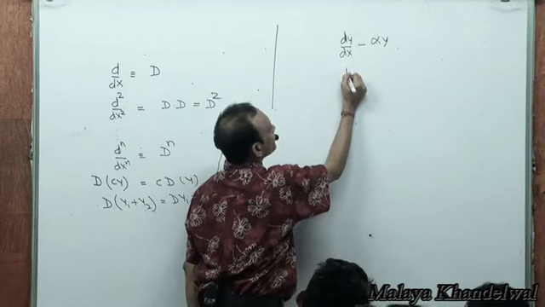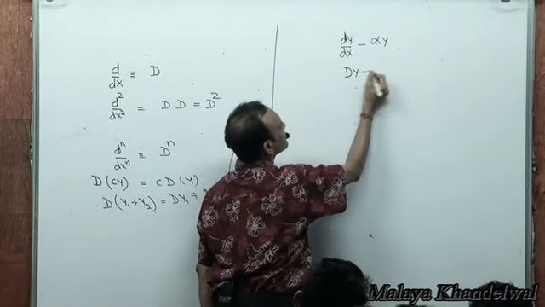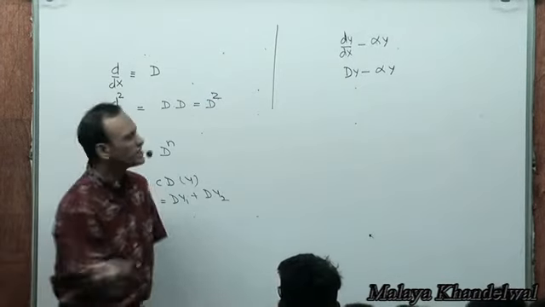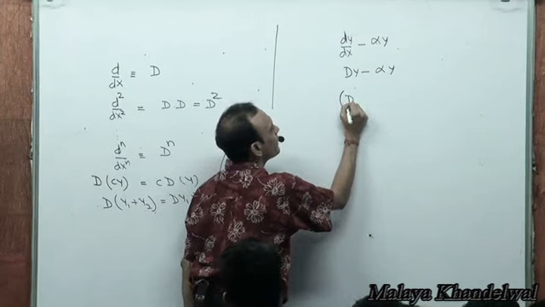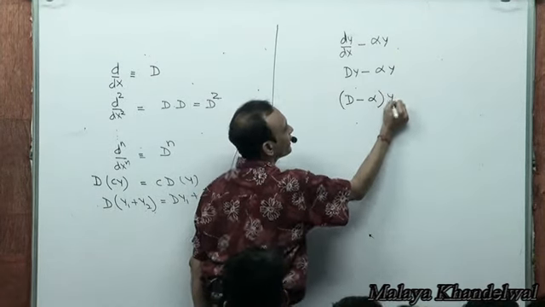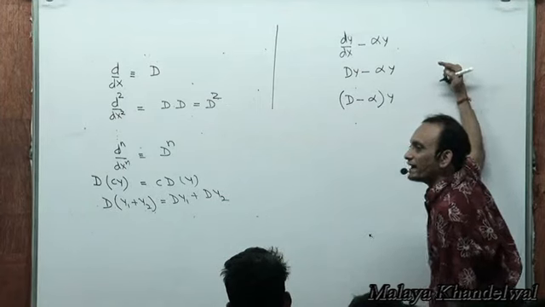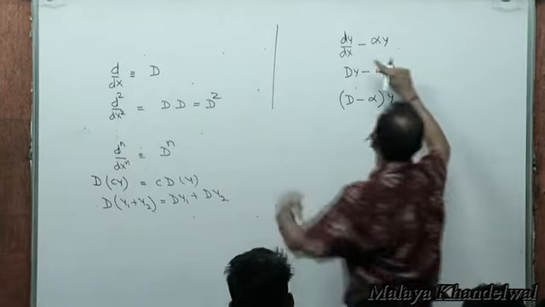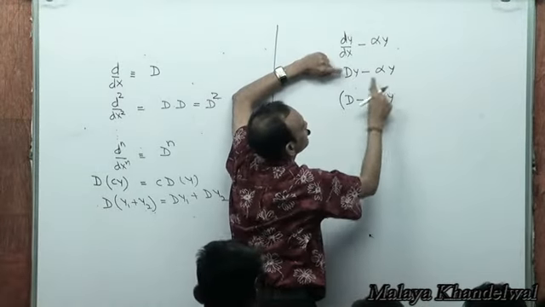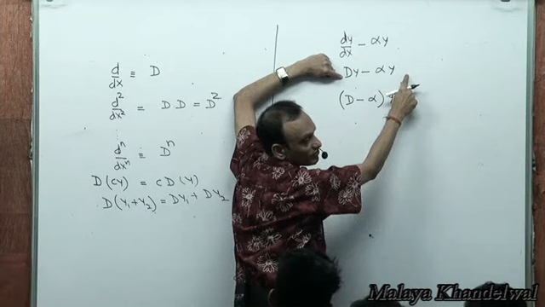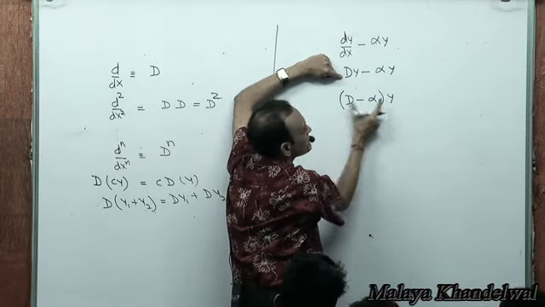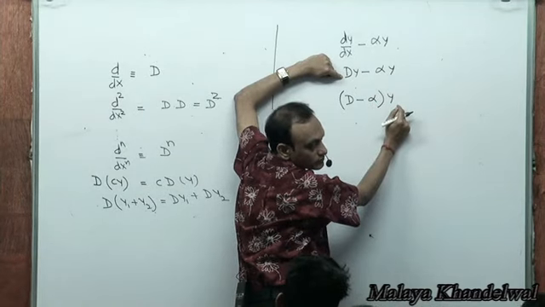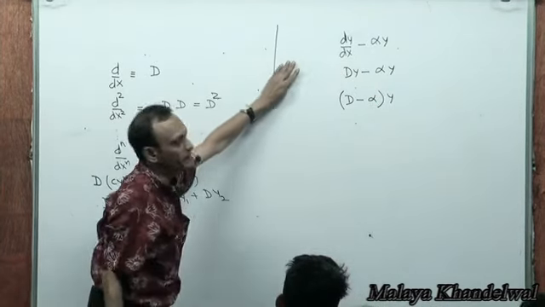This is like D acting on y minus alpha y, which I choose to write as (D minus alpha) acting on y. So I can write this as (D minus alpha) acting on y, which is D of y minus alpha into y. That's the notation we follow. This is what it means.